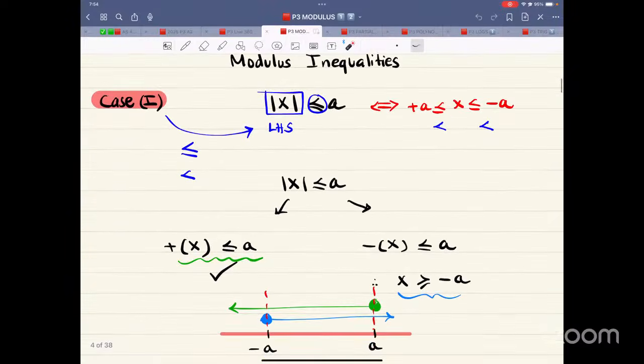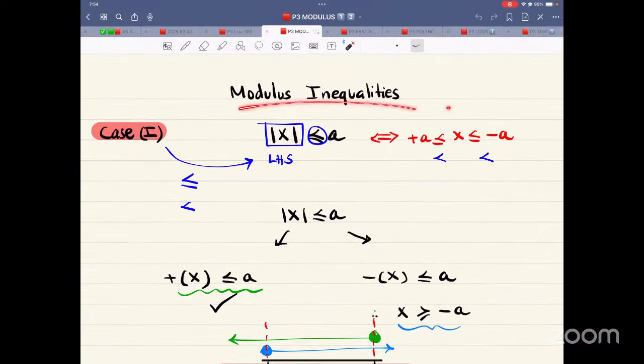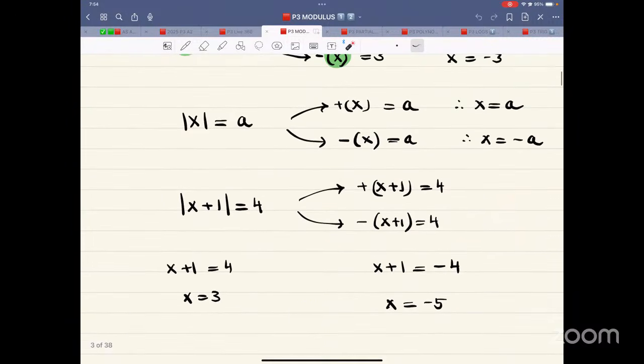How do we get started? If we are talking about modulus inequalities, case number one, there is modulus of x on the left-hand side, less than or equal to a. When I expand it, this is what it becomes. And why does it become like this? Because if I say modulus of x equals a, maybe x is positive equaling a, maybe x is negative equaling a.